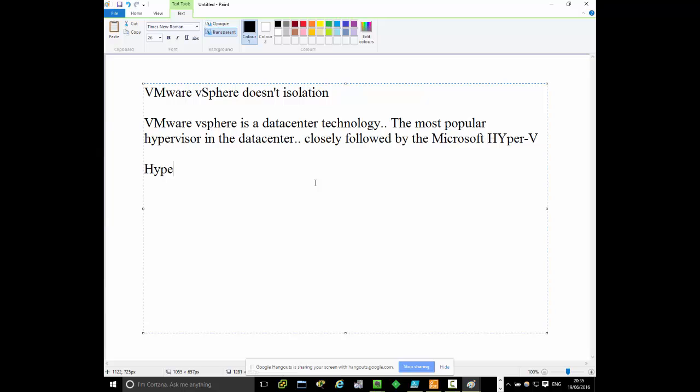So when we talk about a hypervisor, we're pulling together the resources of multiple physical servers into a single entity. That's the whole core basics of VMware vSphere. You have a physical server, you have another physical server.